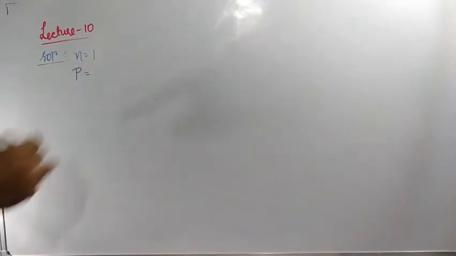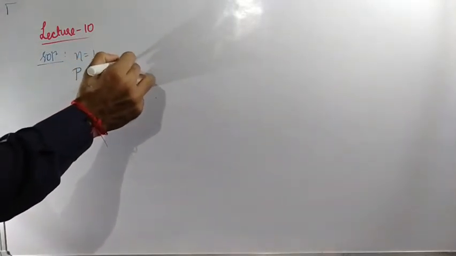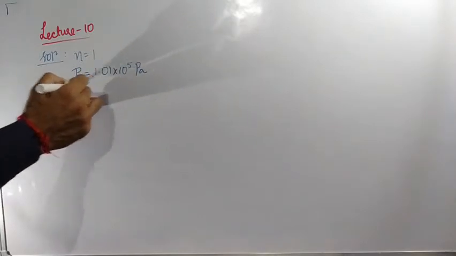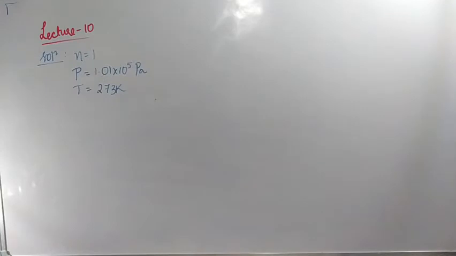Standard pressure means 1 atmospheric pressure, which is 1.01 into 10 to the power of 5 Pascal or Newton per meter square. And always remember, at STP the T value will be 273 Kelvin.